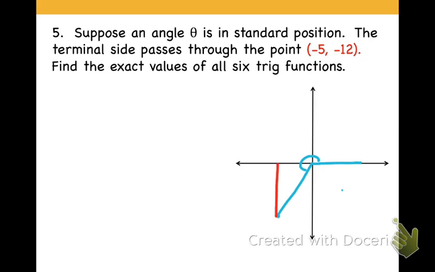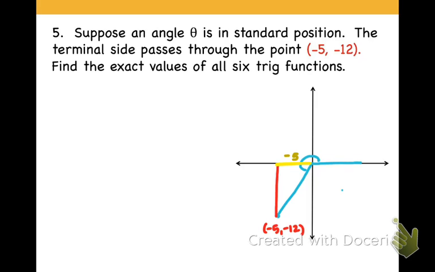If this is the coordinate point -5, -12, that x coordinate is going to tell me what this horizontal distance is. That horizontal distance in yellow has a length of 5, but it's to the left, so it's -5.